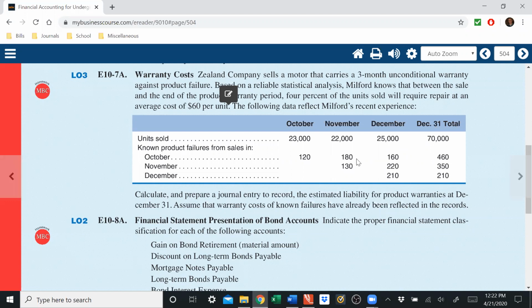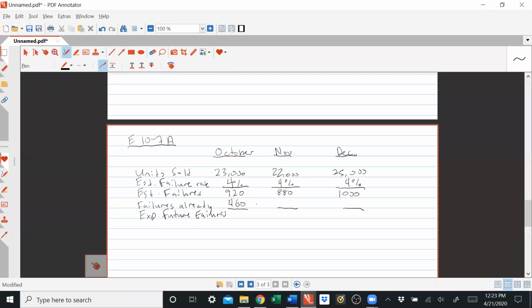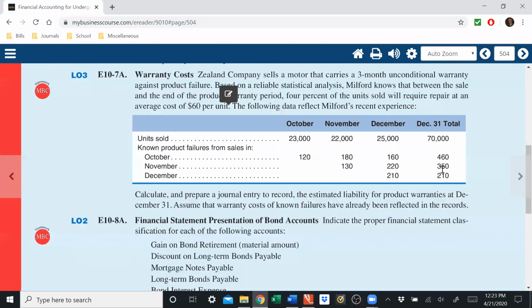But if you add this 120, 180, and 160, you get 460 failures occurred related to the 23,000 units sold in October. So 460. And then failures that have occurred relating to these 22,000 units sold in November, 350. And for December, 210.